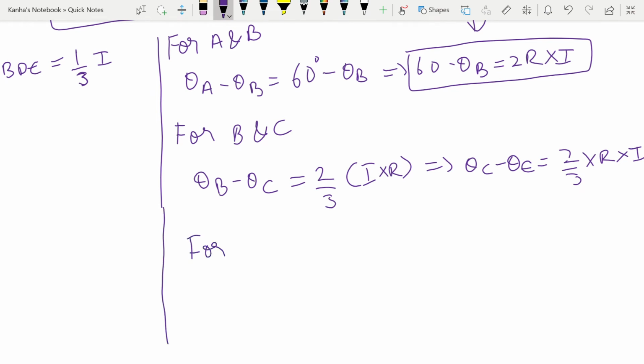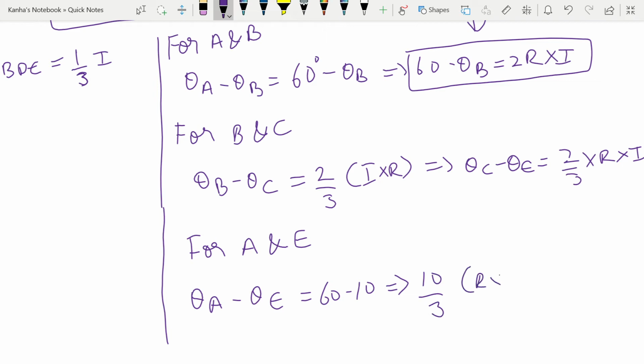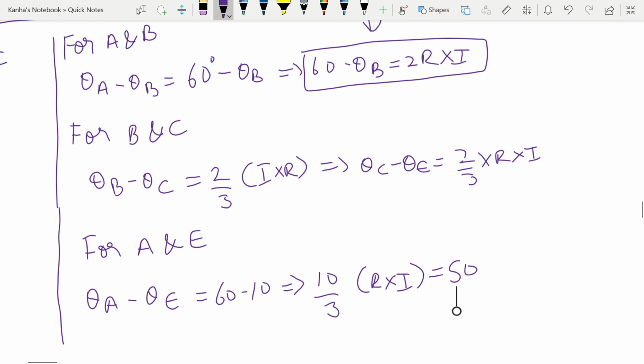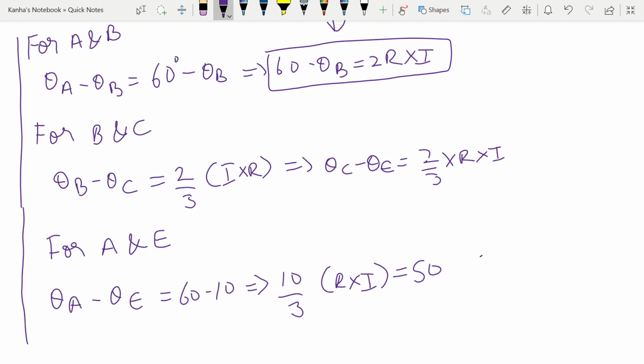For A and E, theta A minus theta E is equal to 60 minus 10. That implies 10 by 3 into R cross I is equal to 50. Therefore R into I is equal to 15.